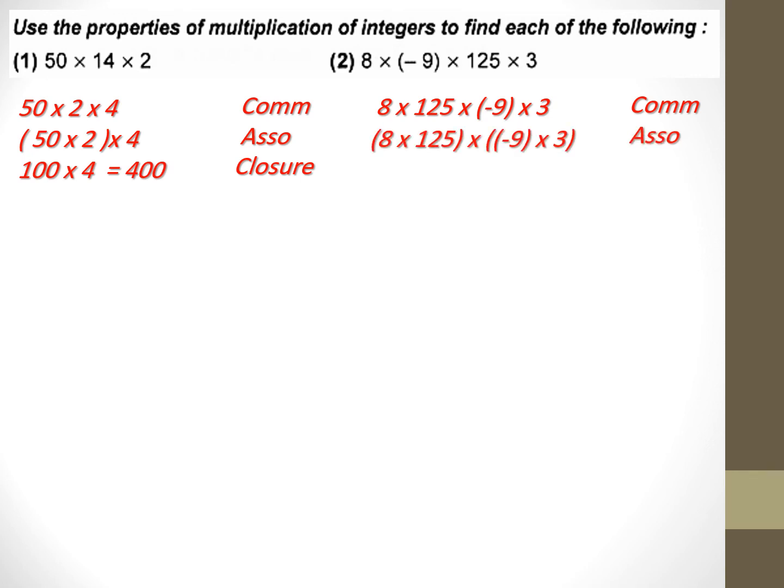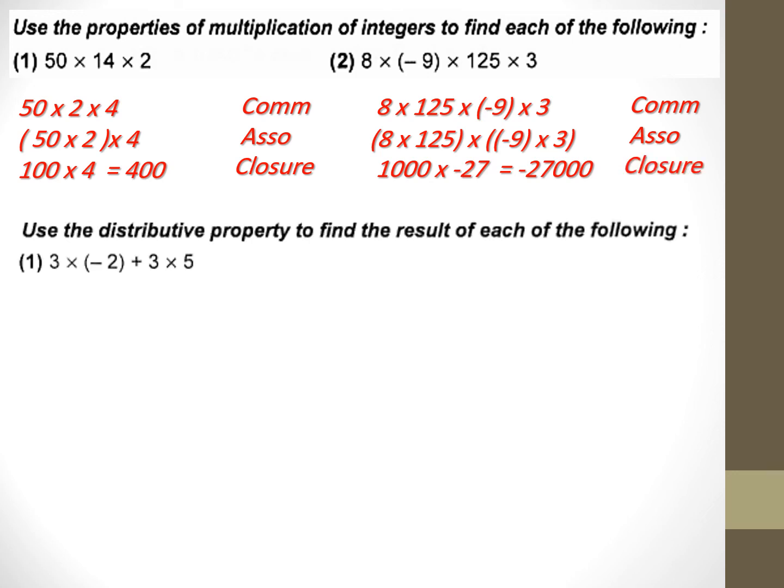It's called associative. 8 times 125 equals 1000, and negative 9 times 3 equals negative 27. The final result will be negative 27,000. It's called closure.